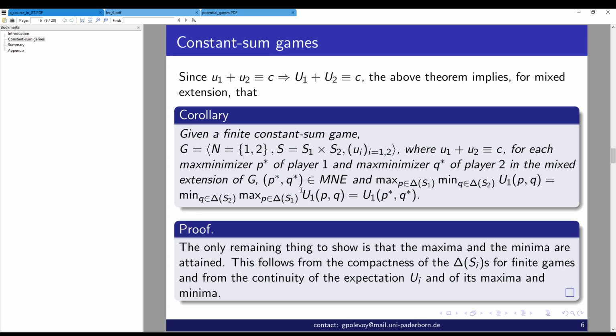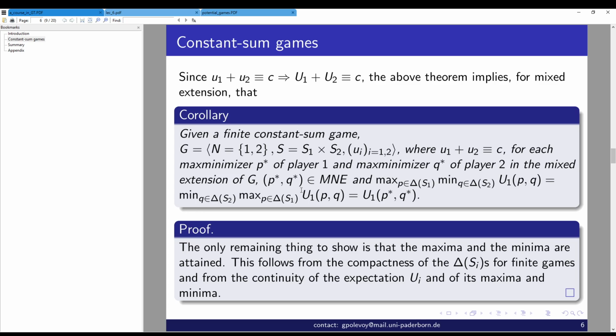So given a finite constant sum game G, then each max minimizer P star of player 1 and max minimizer Q star of player 2 in the mixed extension have to constitute a mixed Nash equilibrium.